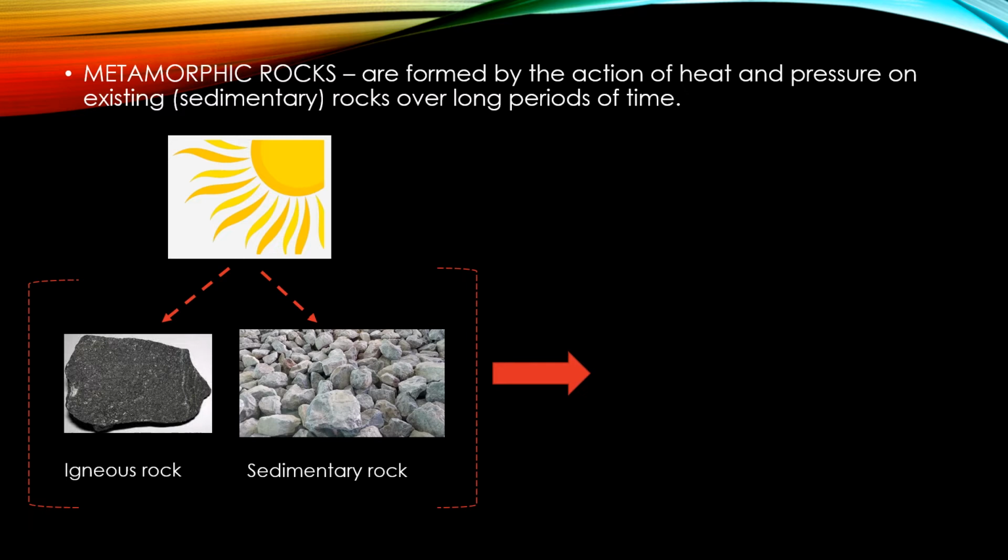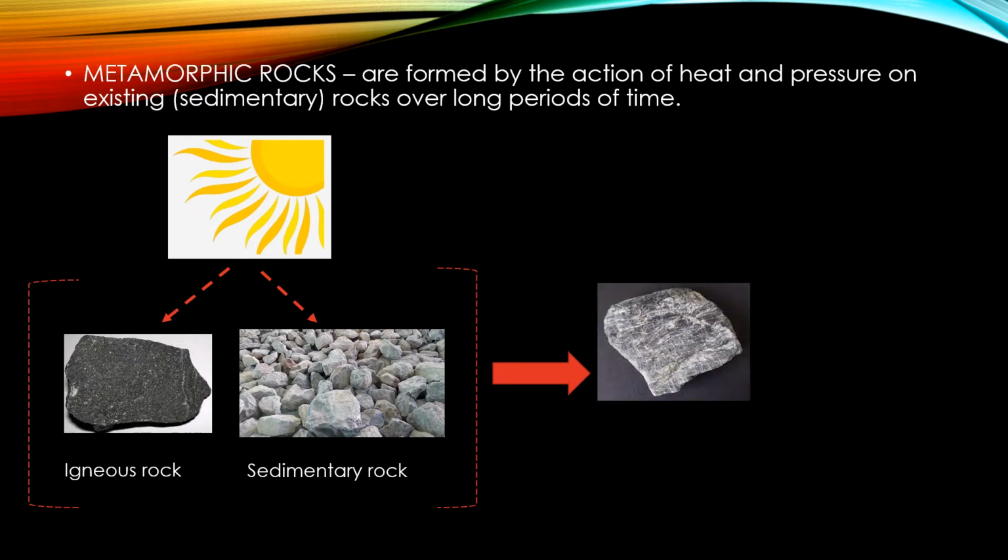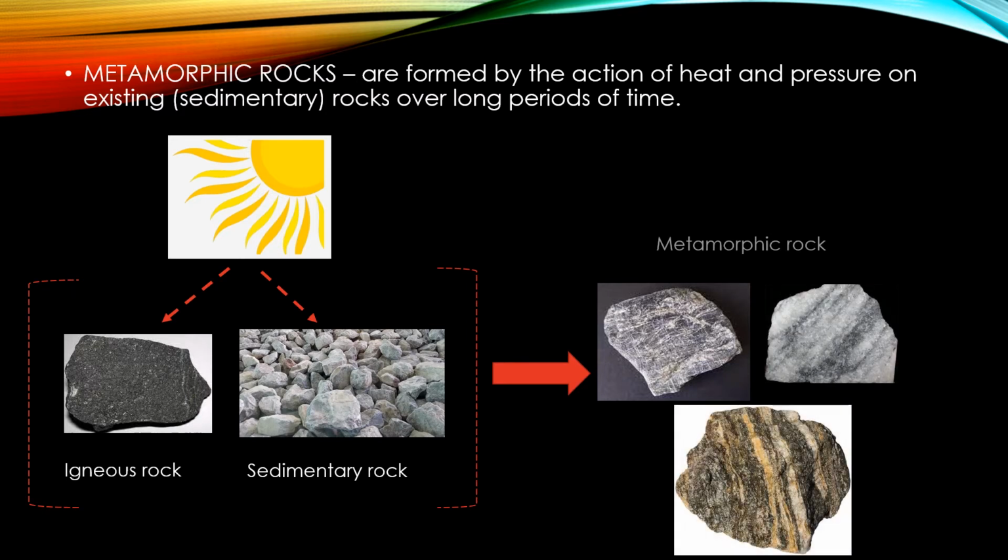You have to remember that a rock is metamorphic when it is heated and pressured. Examples of metamorphic rocks are slate, marble, and schist.